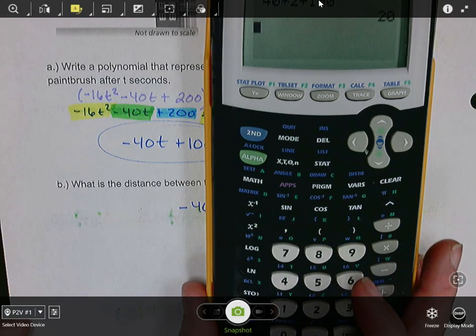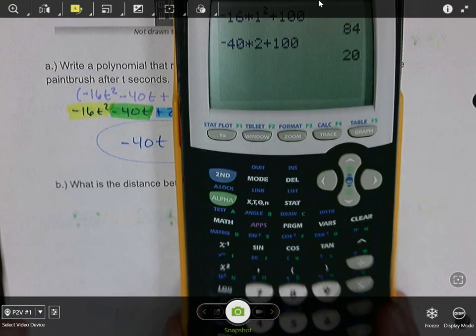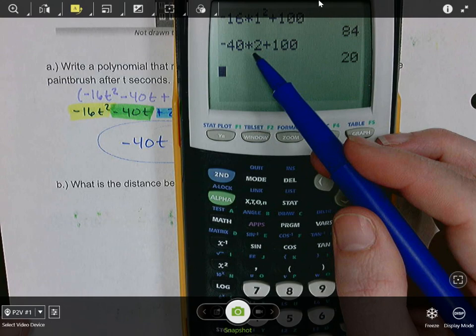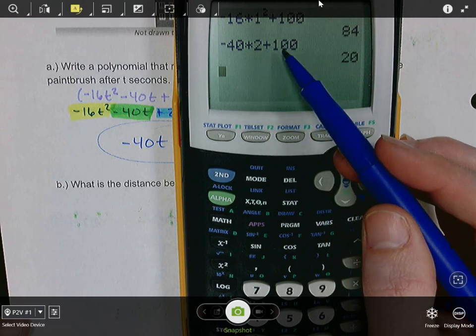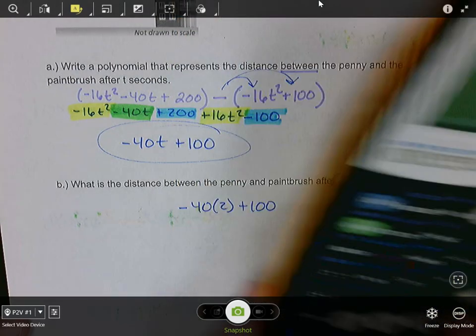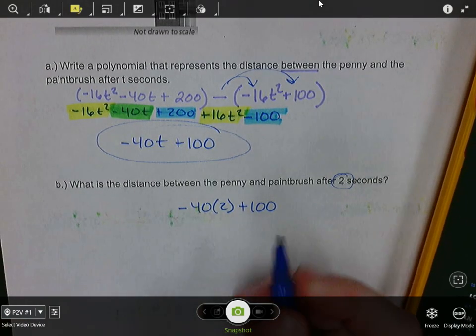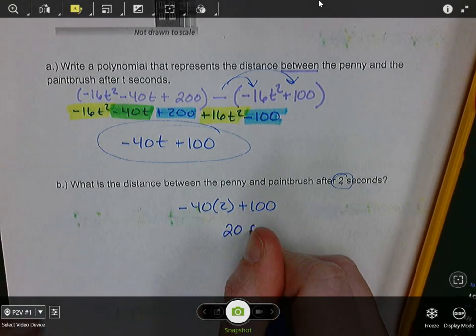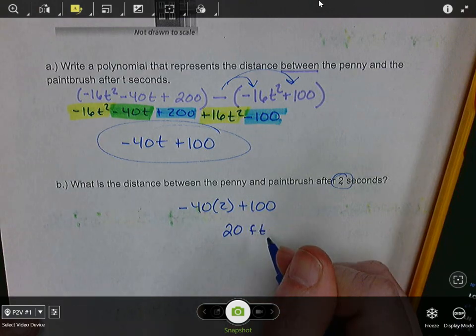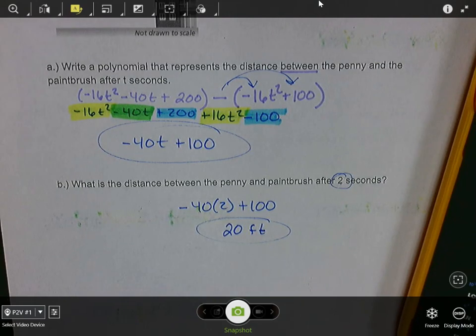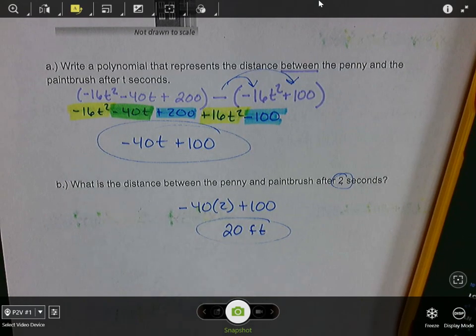I got 20 on mine. Negative 40 times 2 would be negative 80, and negative 80 plus 100 would be 20. Does it say it's in feet? Yes, it says in feet. So there would be a 20 feet difference between the two after 2 seconds.